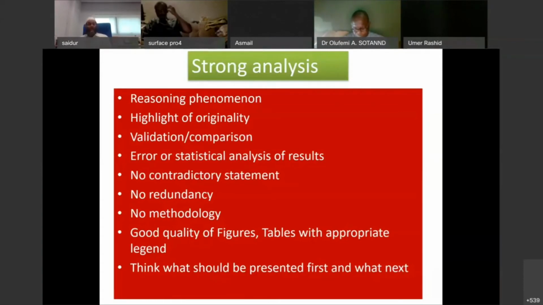You present either one, tables or figures, whichever you feel will best represent your results. Sometimes a table is better than a figure. It's up to you, whichever makes you confident. You just present one, not both. As you know, space is limited, and this is called redundancy, overlapping, or the same thing repeating. This is not a good thing.